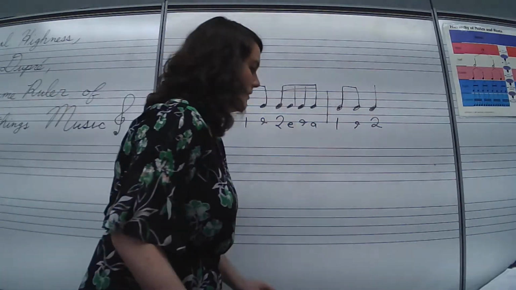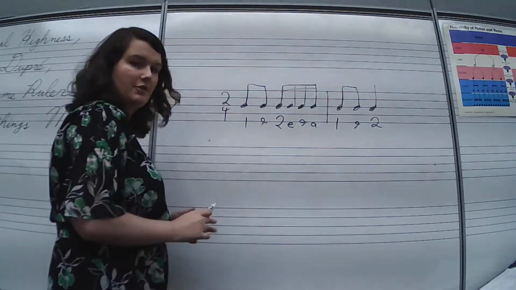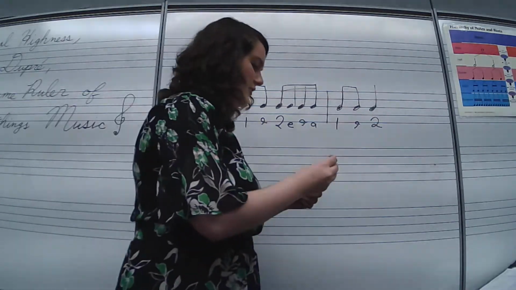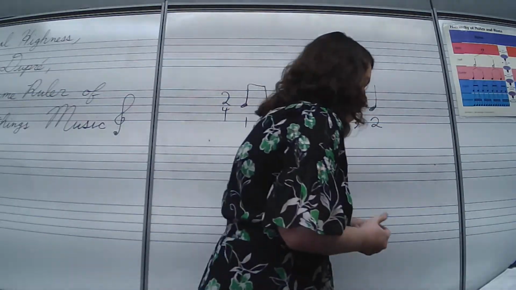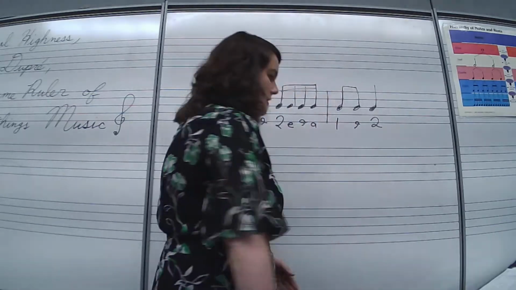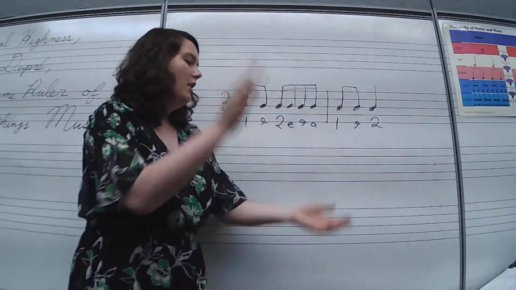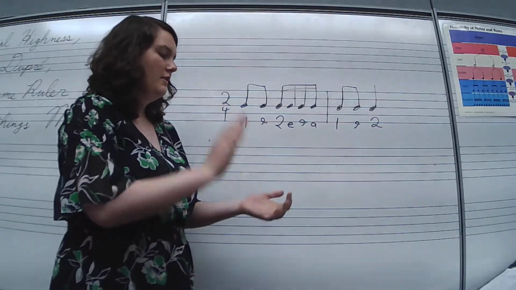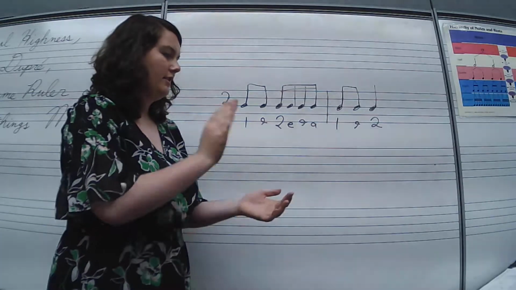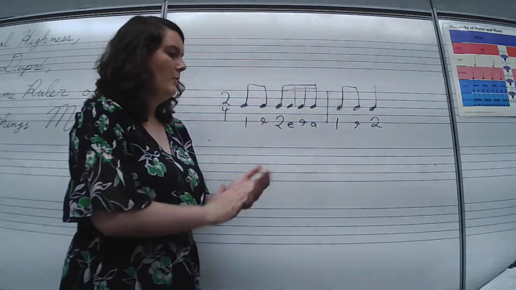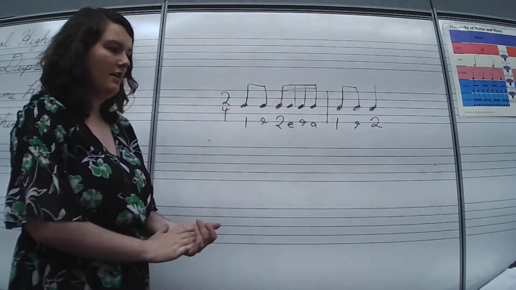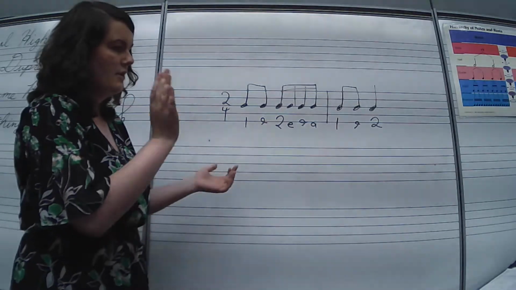Then you do the same thing with the rest. I'm not going to write it up there, but if you look at number 2 on your worksheet, it should say 3/4. So we're doing 3 beats per measure, and that one's going to go 1 and 2, 3, 1 and 2, 3, 1 and 2 and 3, 1, 2, 3.